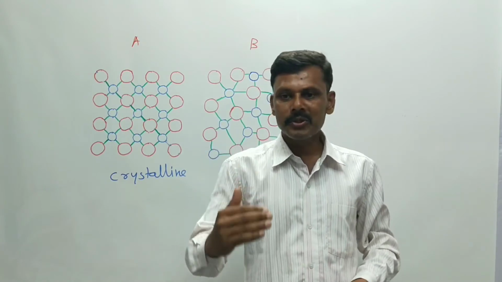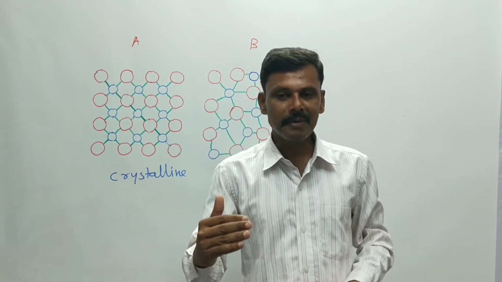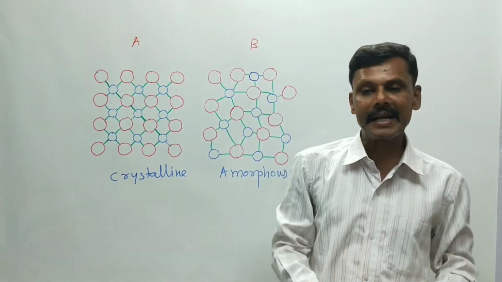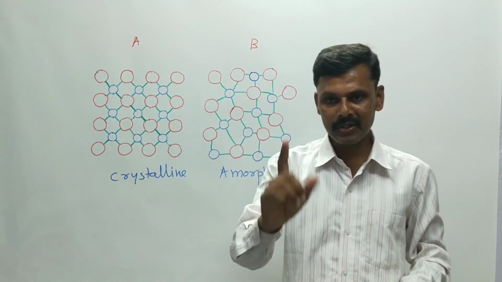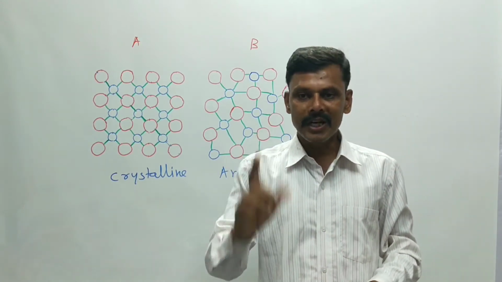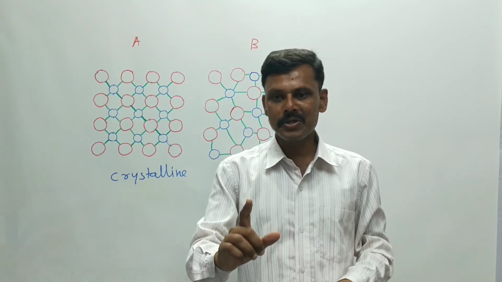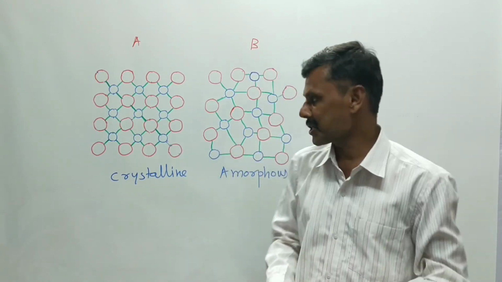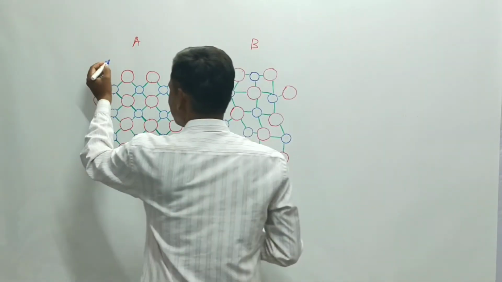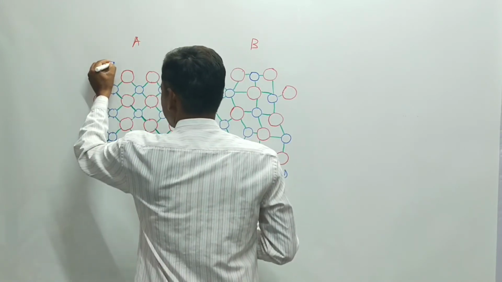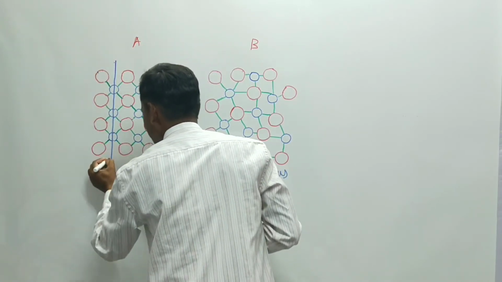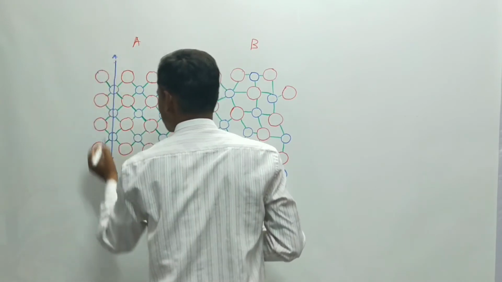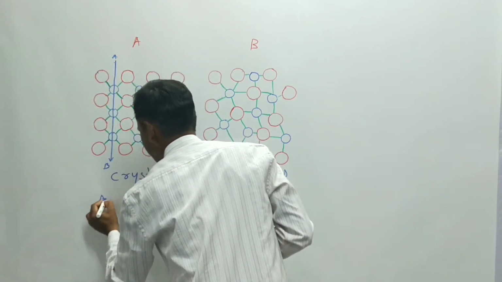Now if we observe the arrangement of constituent particle in different direction, remember what we are going to observe? We are going to observe the arrangement of constituent particle in different direction. So for example, if we observe the arrangement of particles in this direction, so AB direction.